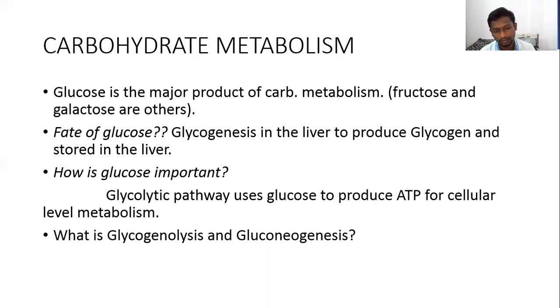After complete digestion of carbohydrates, you would have glucose as one of them. What happens to this glucose after it is absorbed? The glucose is absorbed from the intestine and goes to the liver, where it is converted into glycogen for future use.